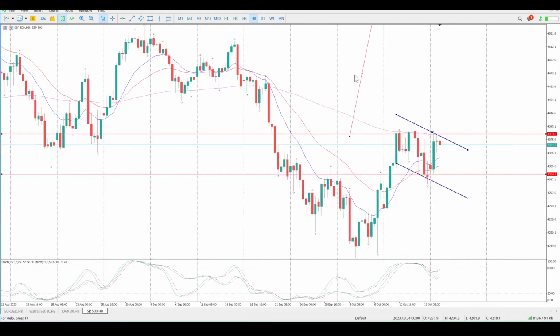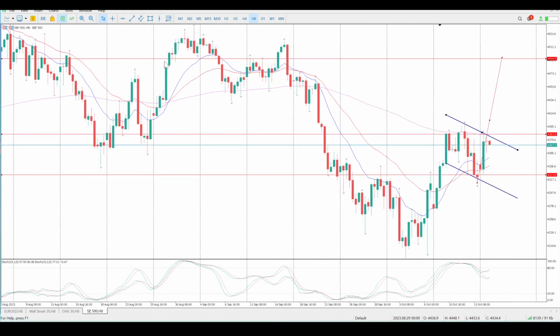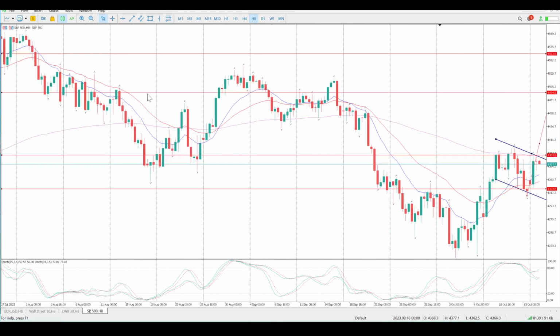And then the other one would be, sorry, let's just try not to destroy what we have. The other one is going to be sort of from there, and that would also make sense. So this would be a flag break target here, and if you look to the left, you can see quite a bit of interaction in this zone as well.